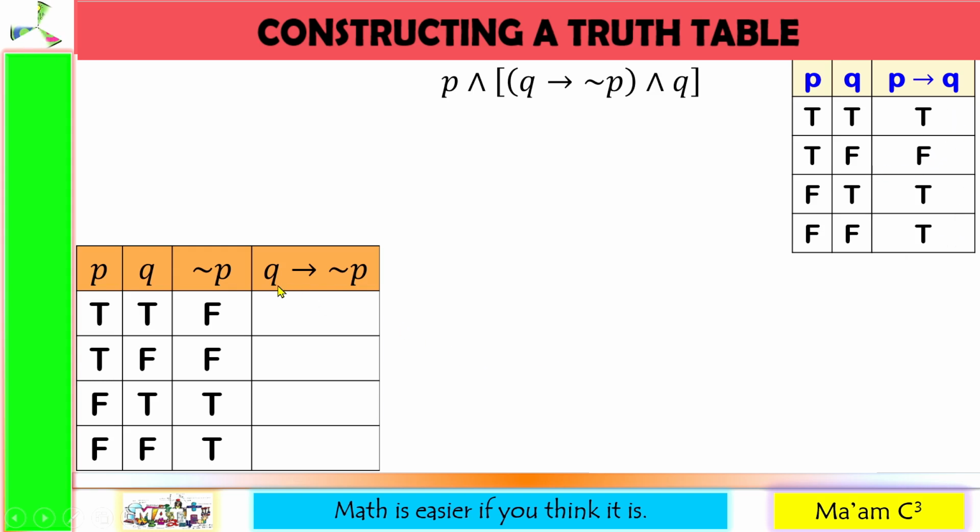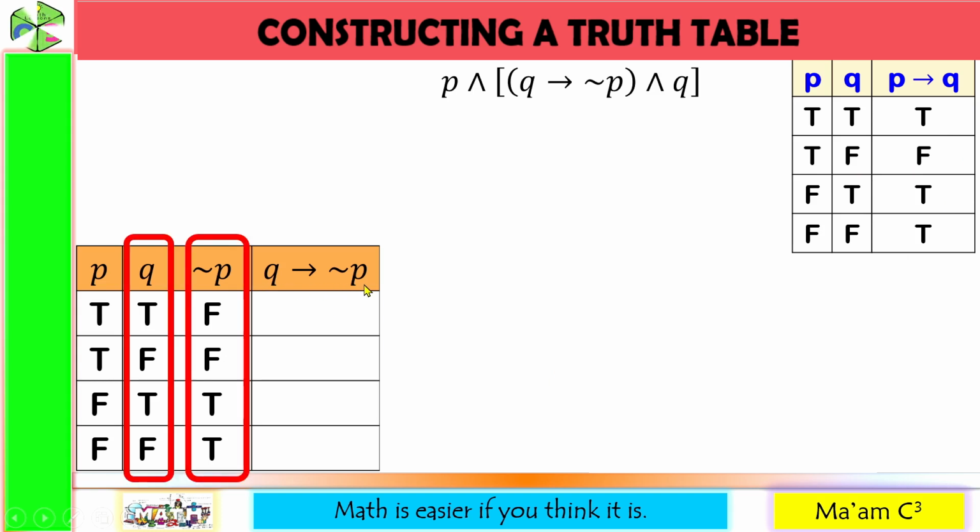So let us focus our eyes on Q and not P. So once again, it will only become false if you have true, false. Like this one, true, false, so the implication is false. Both false, the implication is true. Both true, the implication is true. If you have false, true, the implication is still true.